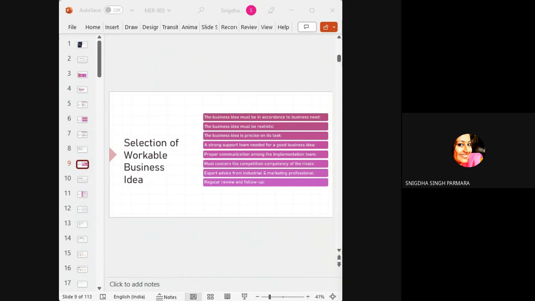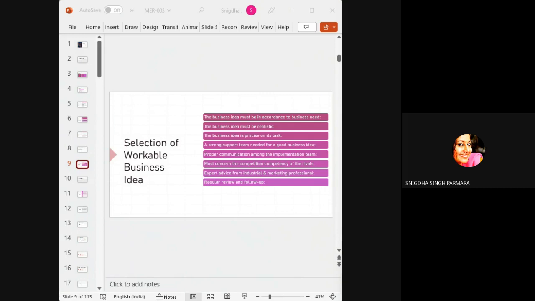So these business ideas should be written in an impressive manner. They should be formatted wonderfully, and then they should also be the ones which have already been researched upon. Okay, so business ideas must be realistic.